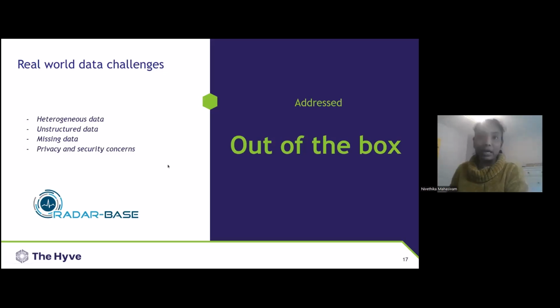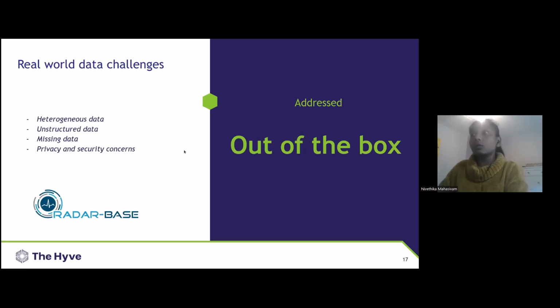Which is why we had to build a platform that can automate as many things as possible and get the data in a structured way. There can be missing data, so you need to have methods to identify if there is missing data and then take action to prevent it or reduce it, and detect that the compliance is going low.